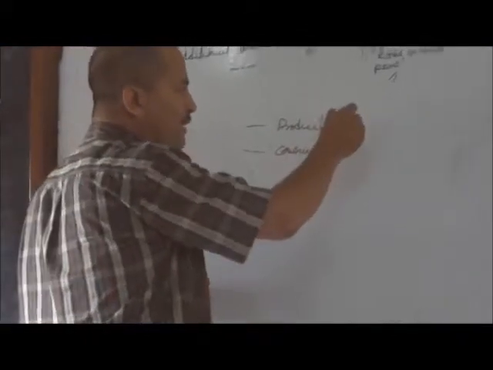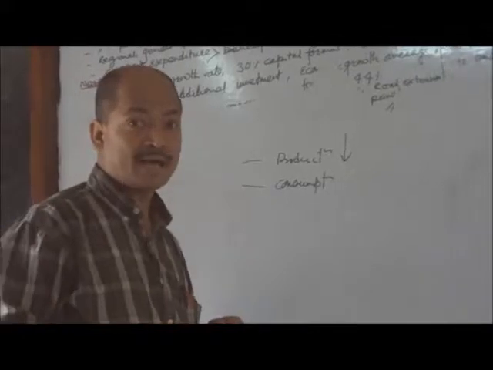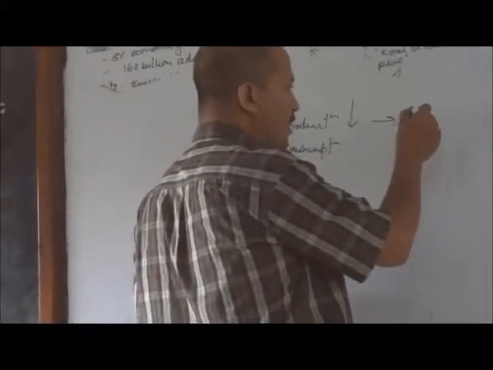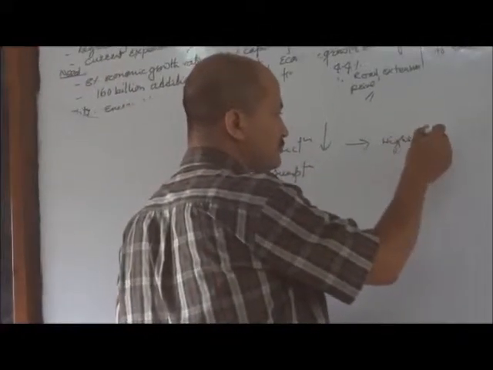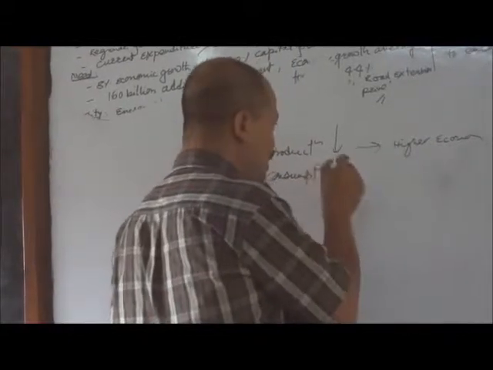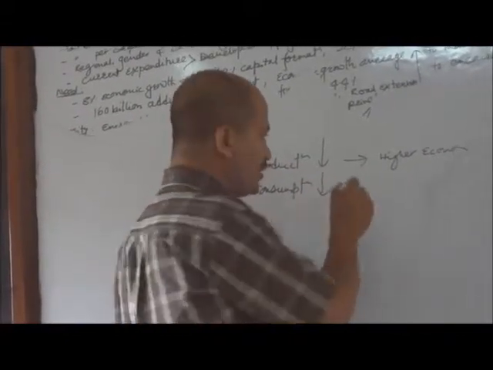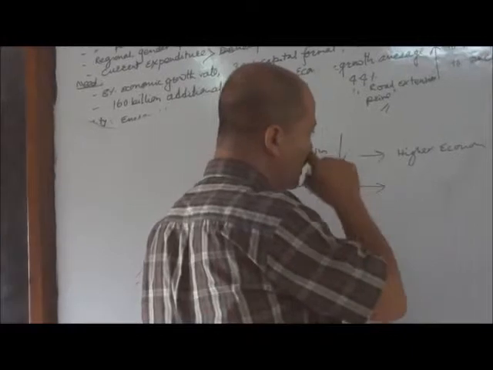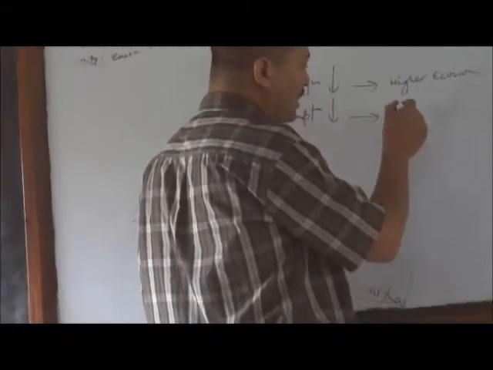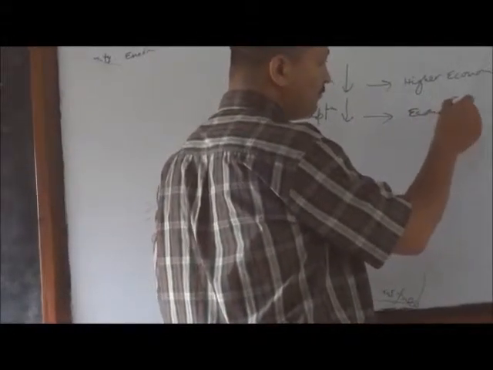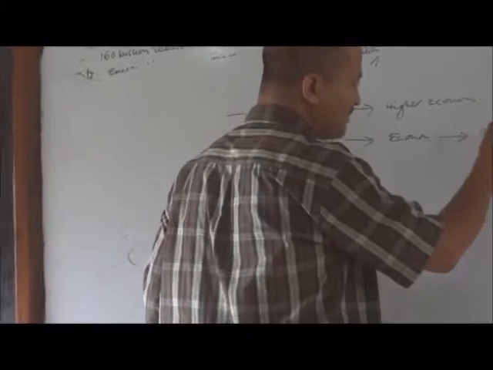If you invest more on the production side, you can achieve a higher economic growth rate. But if you invest on the consumption side, it does not contribute much to the economic growth rate, but it leads to a trade deficit.